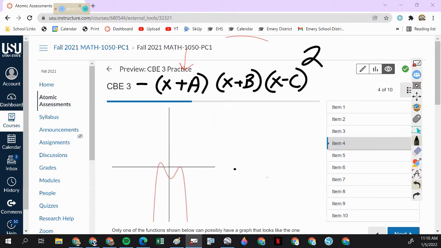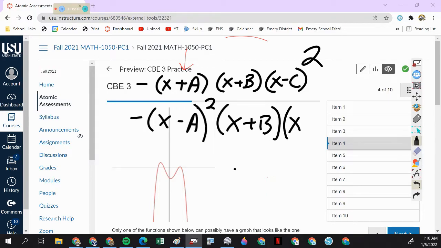So another correct answer would be x minus c squared. Let's just put an a there. x minus a squared, x plus b, and x plus c. Those mean exactly the same thing because we don't know what a, b, and c are. Okay, but we do know that the duplicate factor is negative and the two single factors are both positive, right?